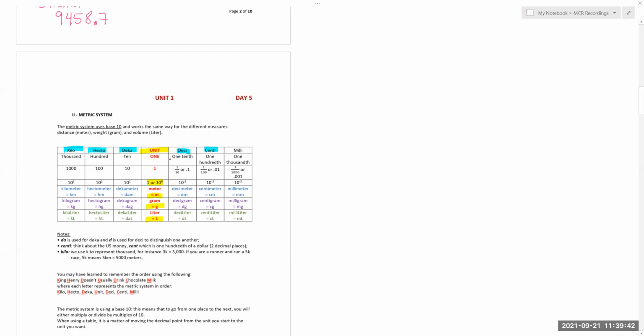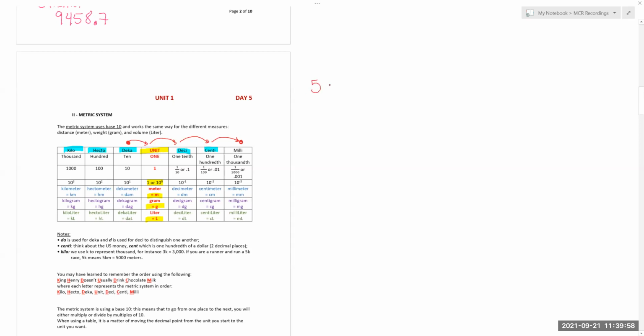So the great part about it is if you want to go from any one unit to another, say a deca to a milli, you would move the decimal 1, 2, 3, 4 units in the direction you just moved it.